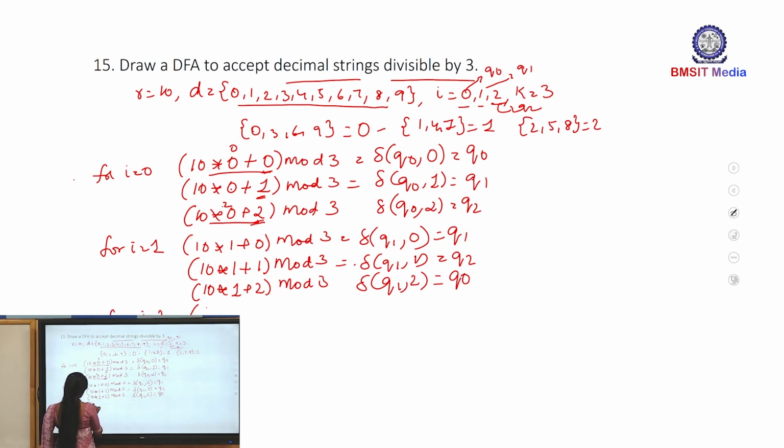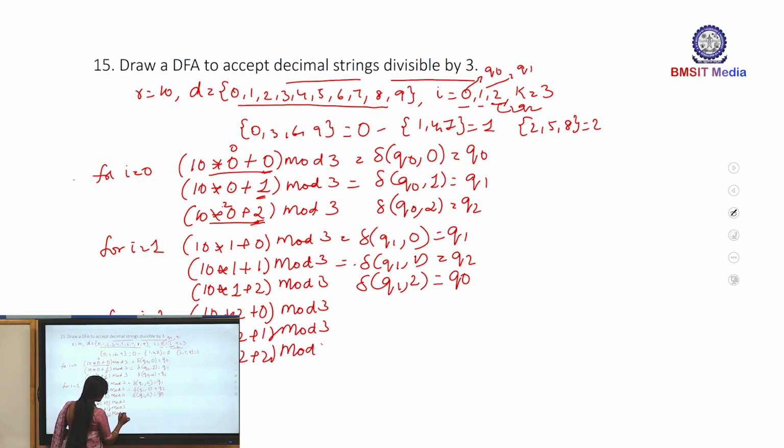So again it is 10 into 2 plus 0 mod 3, and then we'll have 10 into 2 plus 1 mod 3, and then we'll have 10 into 2 plus 2 mod 3.